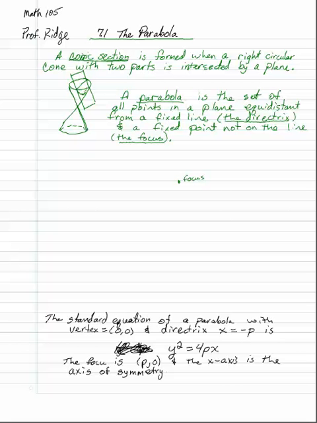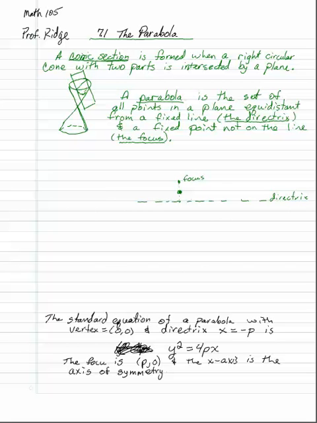We get a fixed line, which we'll call the directrix. And then every point that's equidistant from the fixed point, the focus, and the directrix is on the parabola.